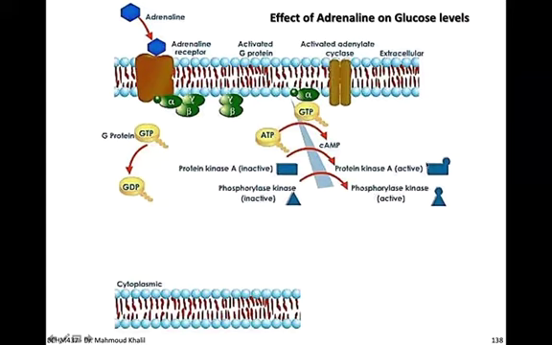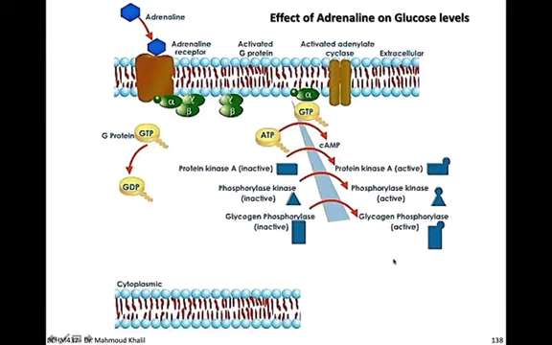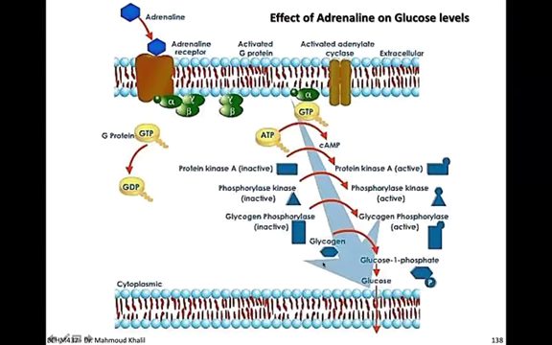Soon this protein kinase A will activate the phosphorylase kinase, as well as the glycogen phosphorylase. And you can see here that the glycogen is now converted to glycogen 1-phosphate to be able to be converted into glucose and released through the GLUT4 channel or transporter into the bloodstream.